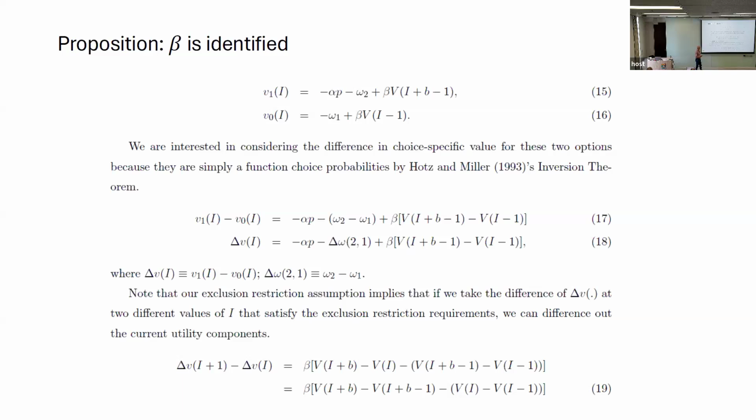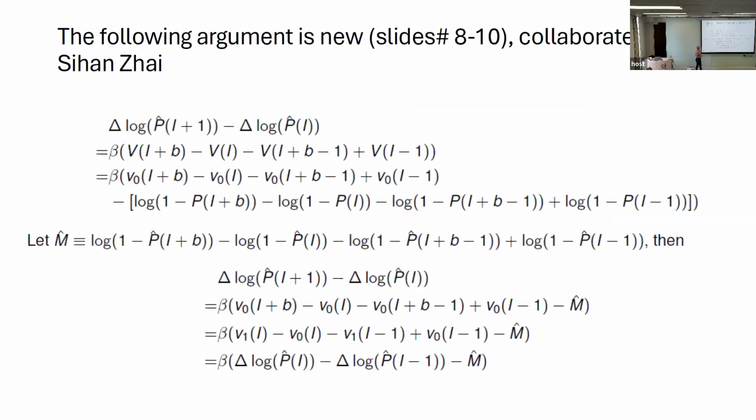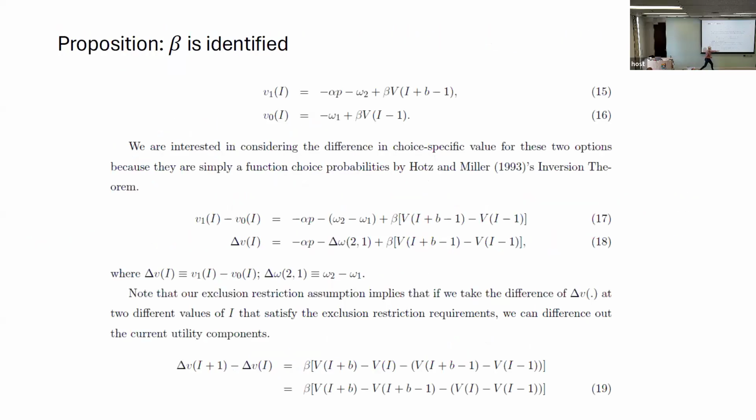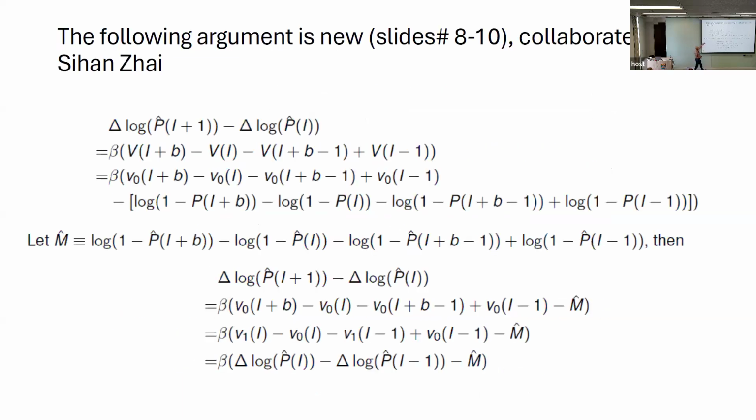And now with some additional manipulations, you can play around with the additional tricks that you have learned in the last few days. It's not too hard to show that you can change these value functions, expressing them in terms of V0 plus a bunch of choice probabilities, into these equations here.